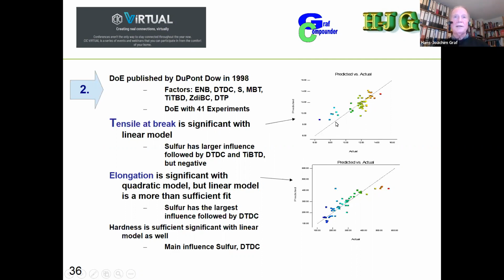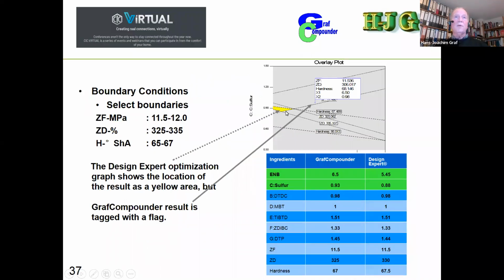And I calculated that, you see, with this large design, there's a little bit of a problem in accuracy in the lab. Again, here we have this yellow window with the solution according to the spec. And here you see the flag, and that seems a little bit far off, but if you read the table here, you see that it is actually very close, already inside the measurement error, specifically for the properties.